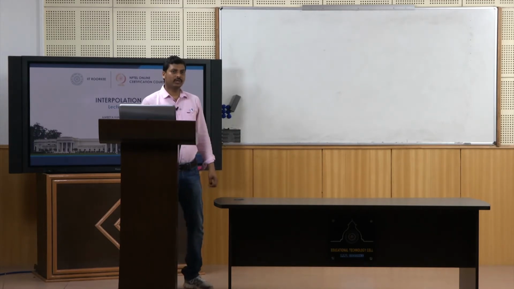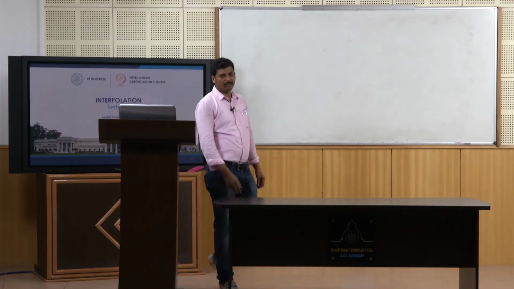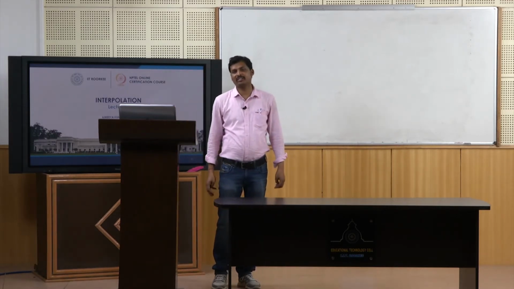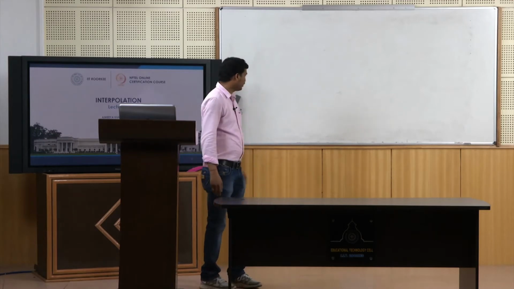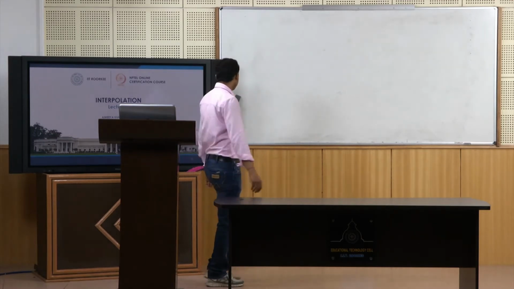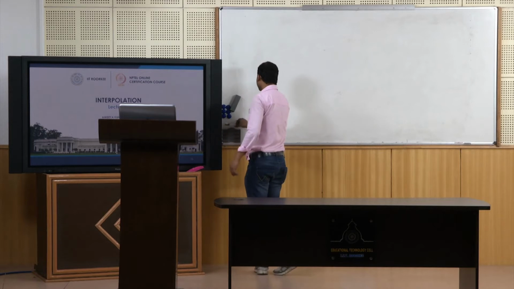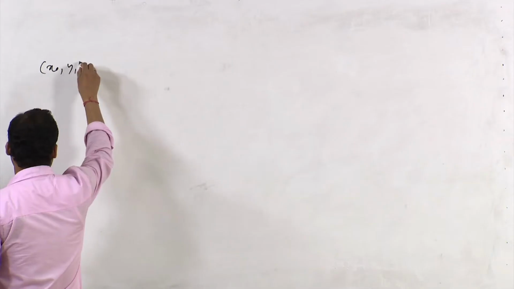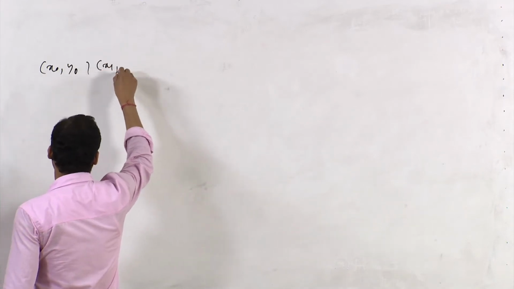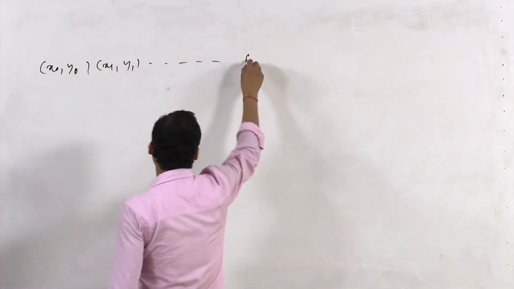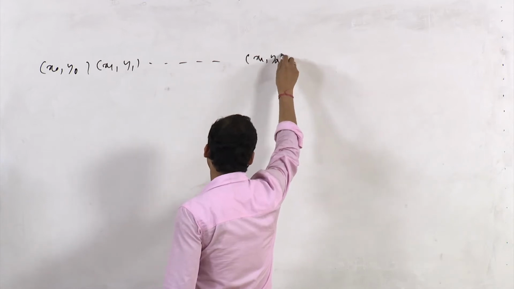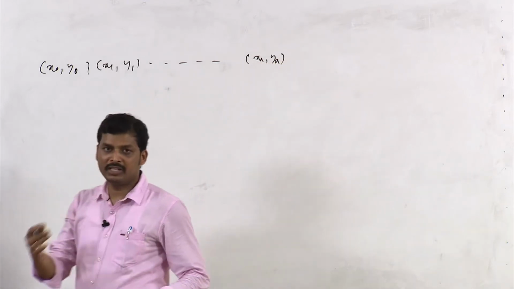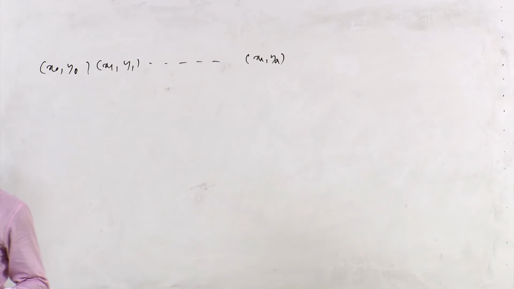Before going to Newton's divided difference interpolation, first we will discuss what divided differences are. Suppose we have a set of data points x0, y0, x1, y1, up to xn, yn. They may be uniformly spaced or non-uniformly spaced, but we can use these divided differences here.